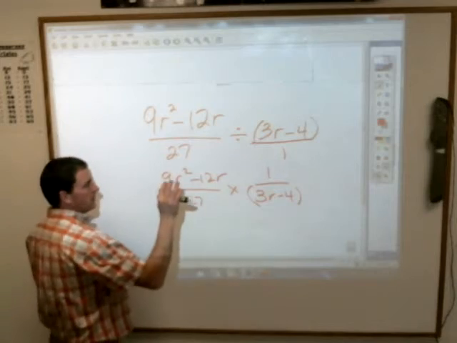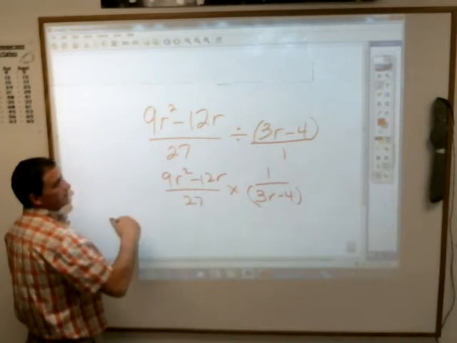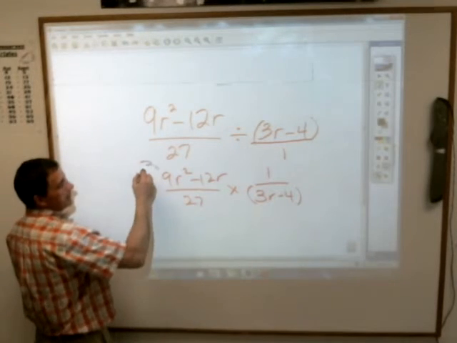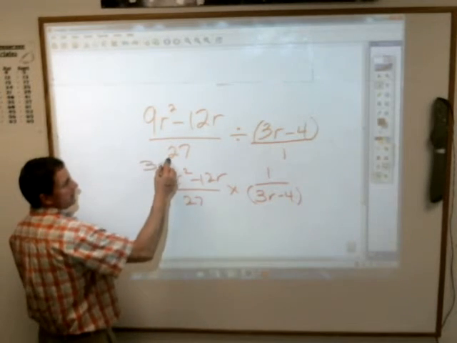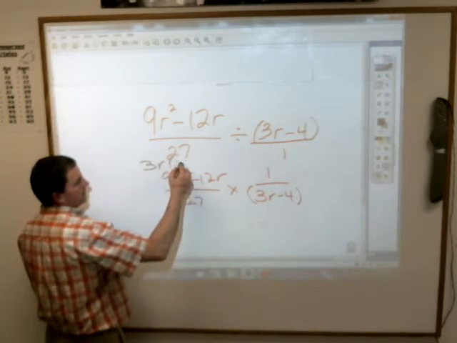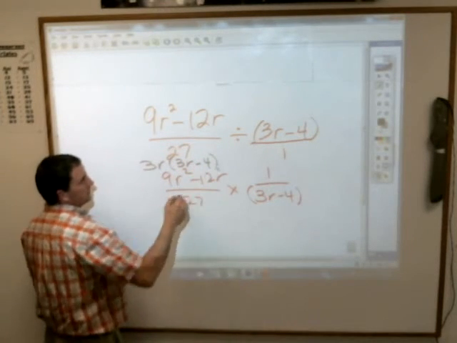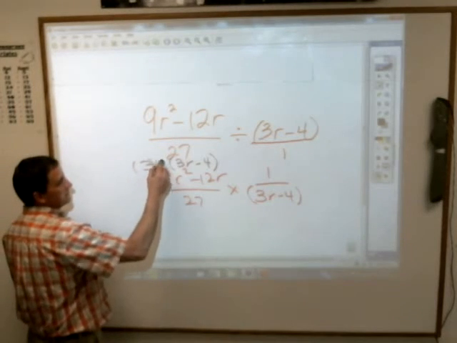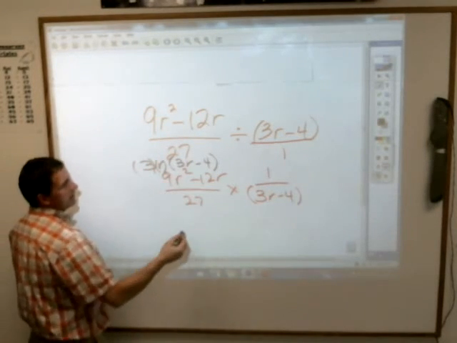The only way to get this to cross off is if there's a 3r minus 4 up here, and we hope that that might be the case. We take, how about a 3r out, and you're left with 3r minus 4. Oh, look at that, ain't that handy. And notice also, these are still factors of each other, 3 times r times that.